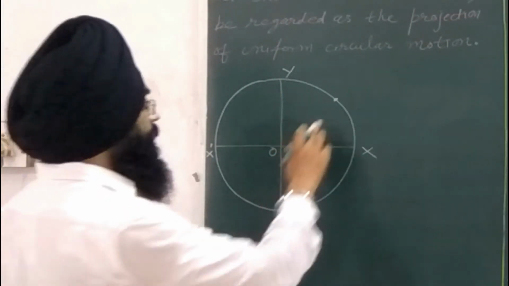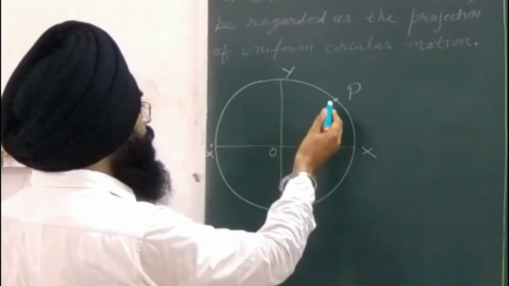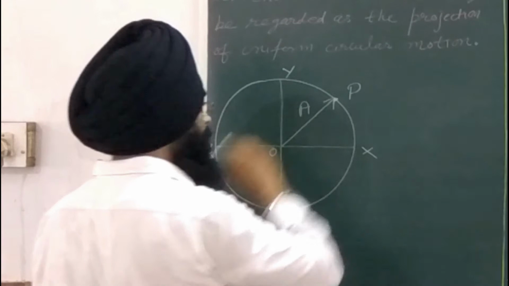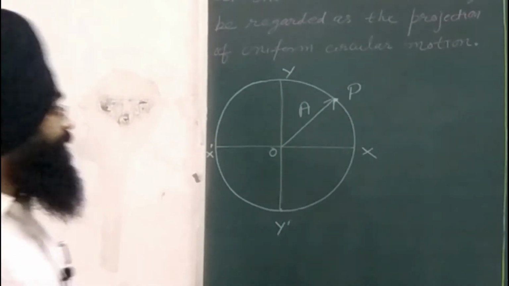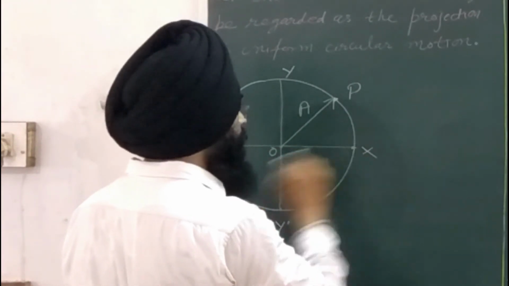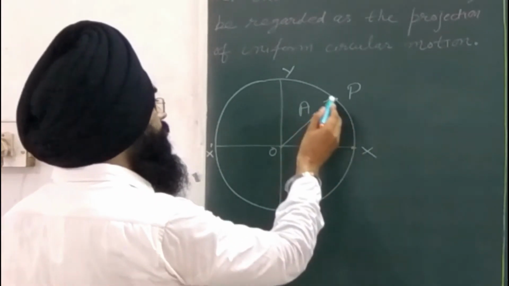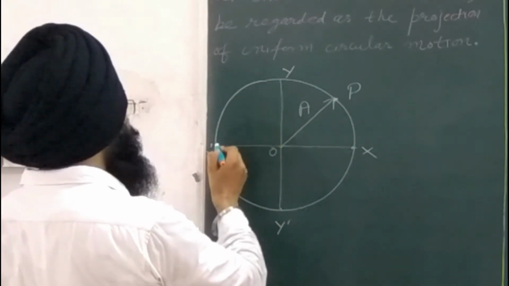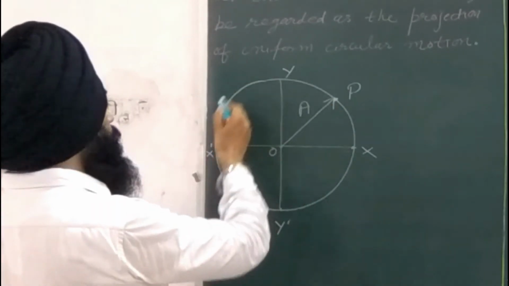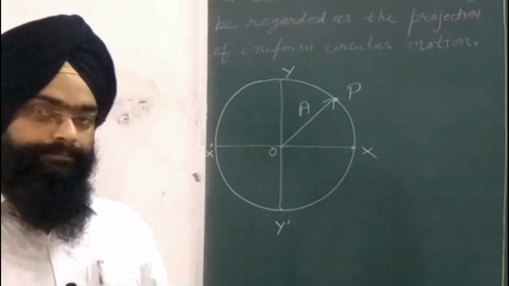Let us suppose that the particle is moving uniformly on the circumference of the circle, whose radius is a constant term called capital A. Now, we can suppose that the particle starts from the initial position, from the x position, and starts moving towards the y-axis, then from y to x dash, to y dash, and y dash to x. After completing the circle, its one revolution is completed in one time period.